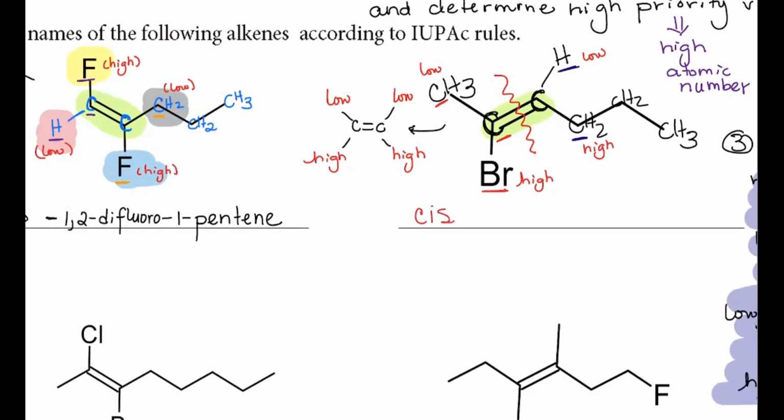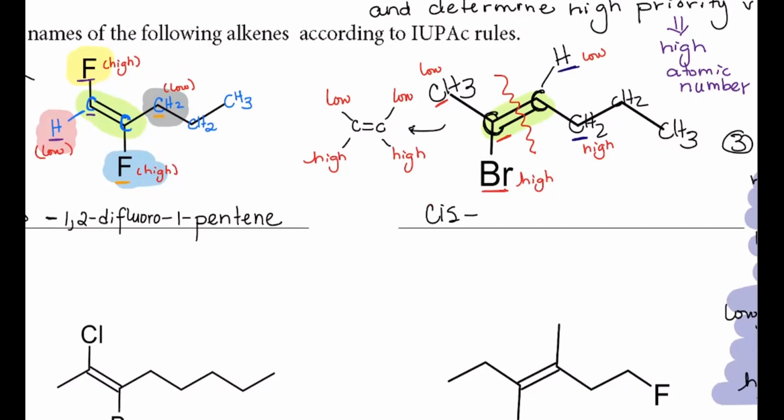Okay. I know that is kind of crowded because I did the labelings for cis and trans. But what is the name of this molecule? The only thing wrong in that name will be the ending.